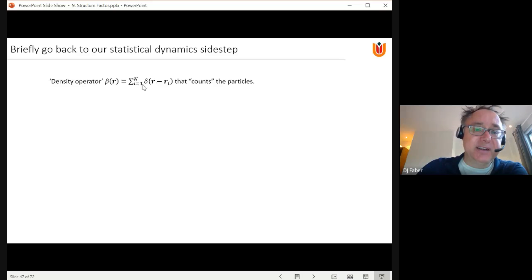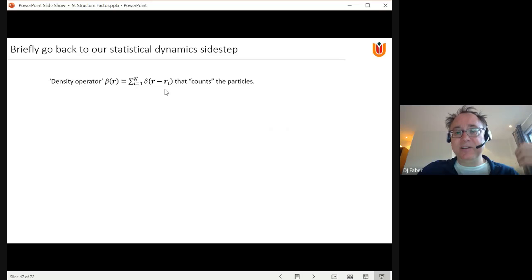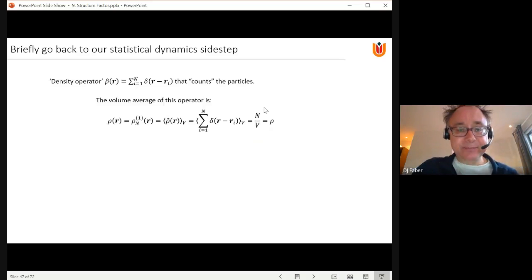The delta function gives you a 1 when the position that you look at coincides with the position of a particle, and otherwise it is 0. So if you do that for all r_i, for all particle positions, then basically you will get a count in the sum for each particle that you encounter. So this density operator simply counts the particles.